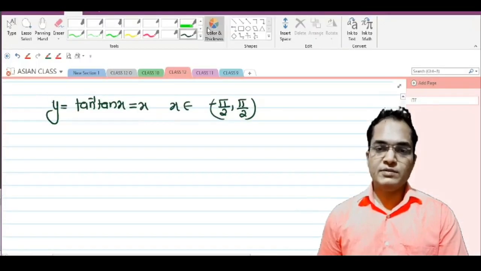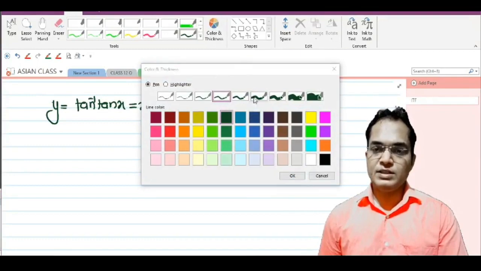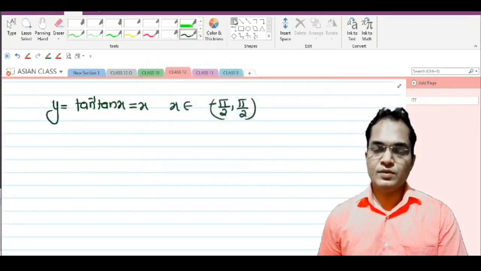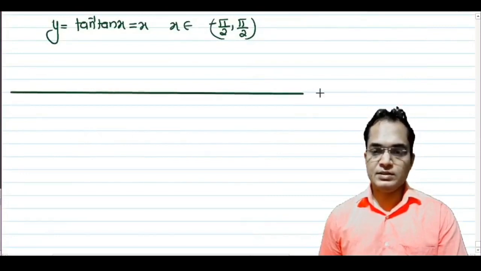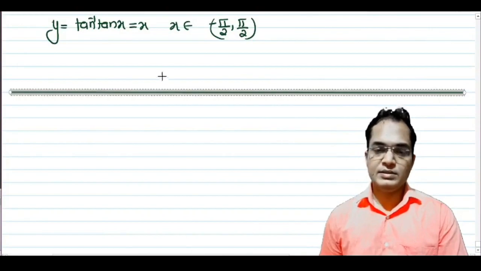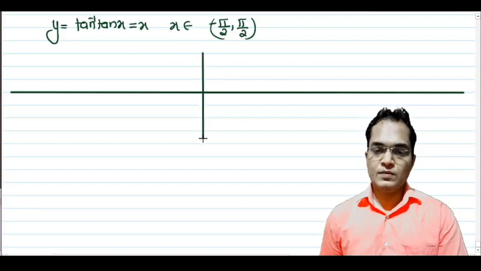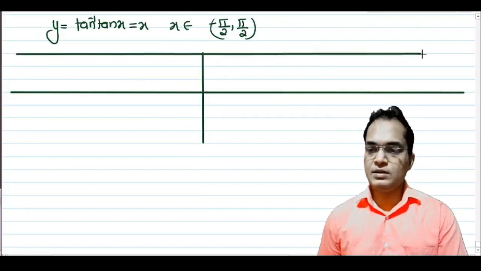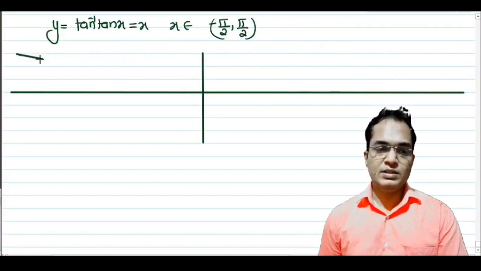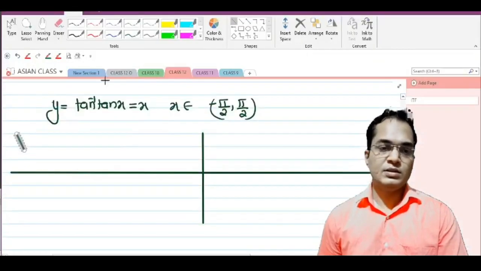How to draw the graph of tan inverse tan x? We can take straight lines for tan inverse tan x, and also a vertical line we can draw. I want to draw a simple graph, because the upper portion is not like this, so I want to remove it.